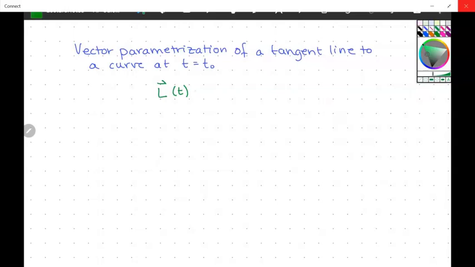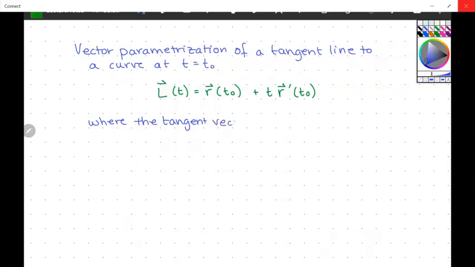And the vector is simply r of t naught plus t times r prime of t naught, where the tangent vector r prime of t naught is a direction vector of the tangent line. Wait, what?